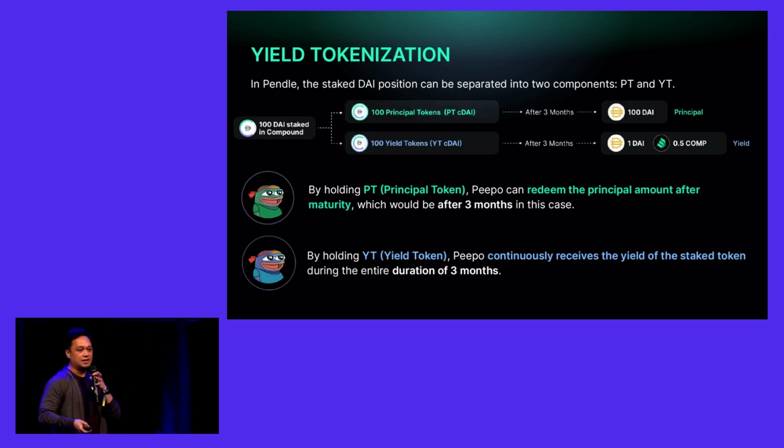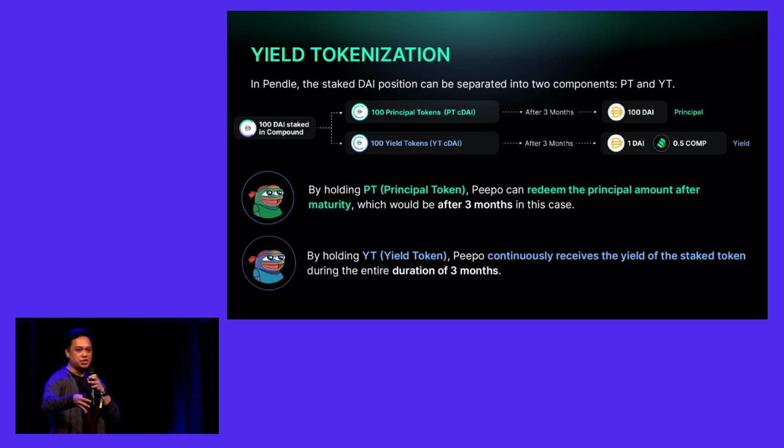So how does this work in practice? Again, we have a yield-bearing token that is split into the YT, or the yield token, and the principal, or what we call the principal token. How this would look is, let's say in Compound you have a lending position of 100 DAI, and that 100 DAI is yield-bearing. It's earning fees over time because of lending fees, right?